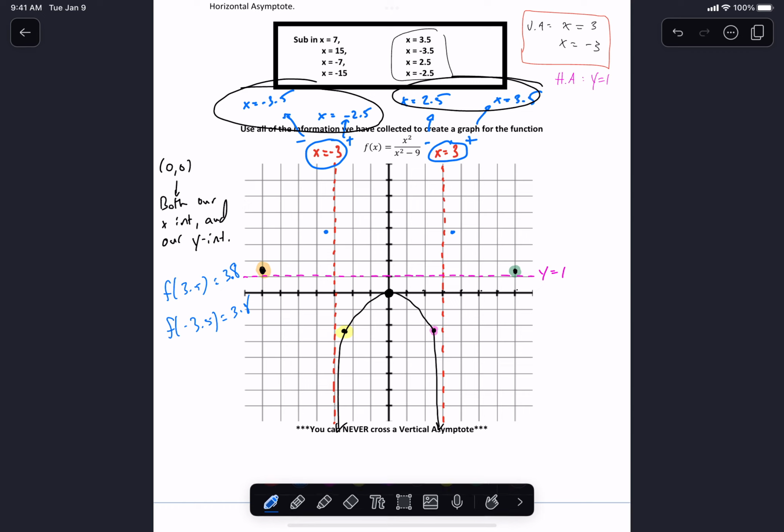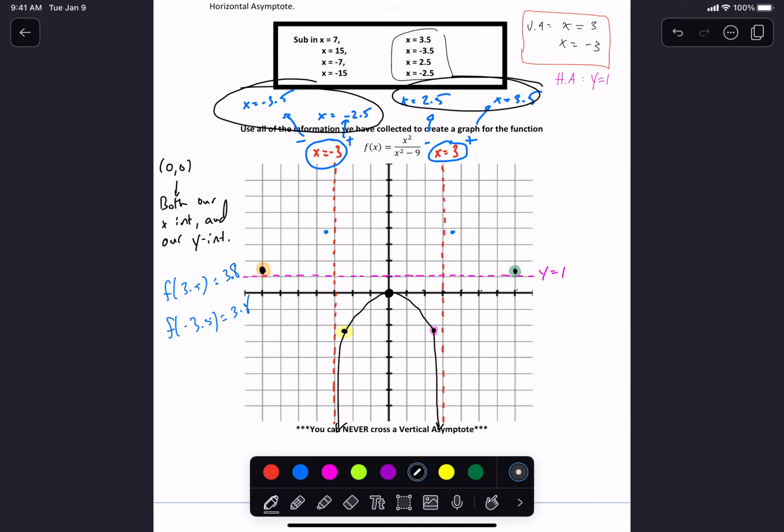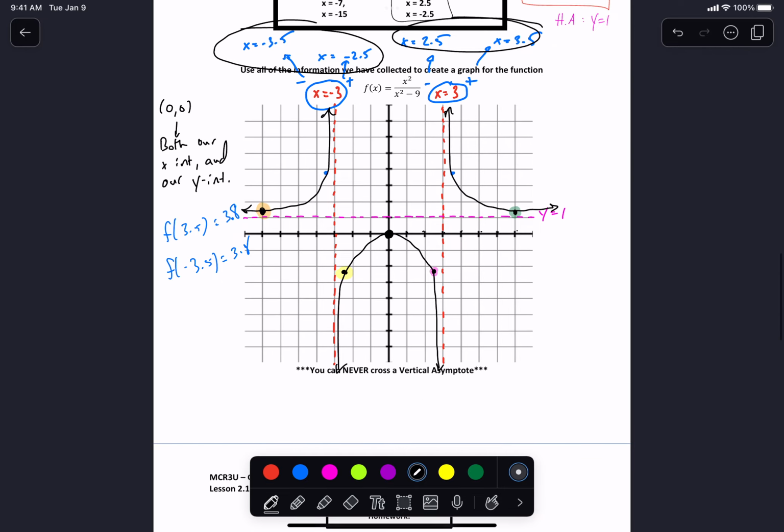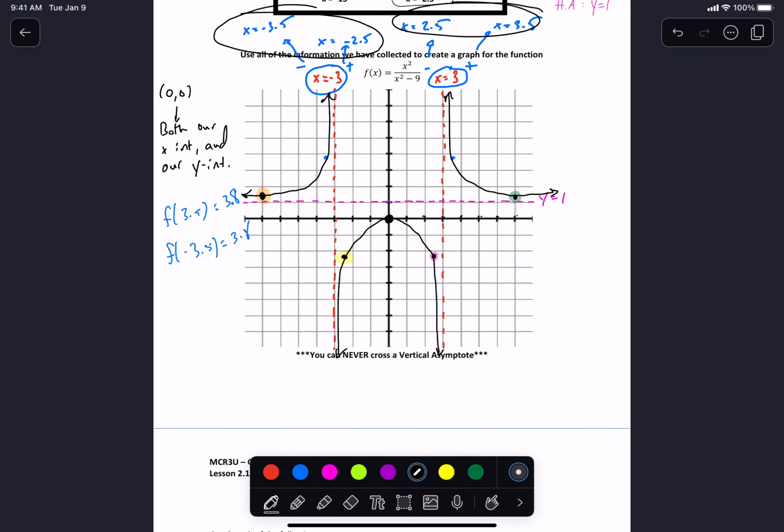Okay, so my graph is gonna look like this. That's it.